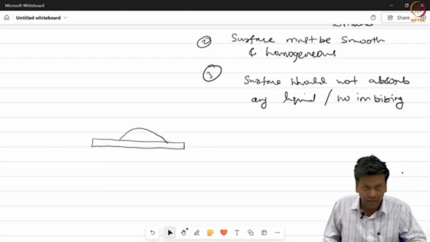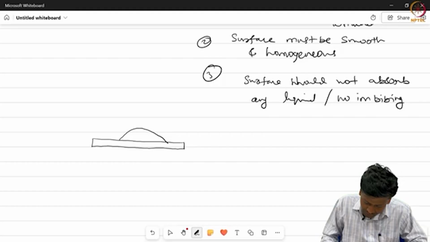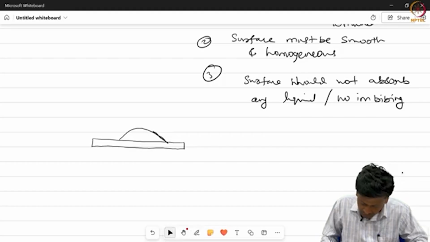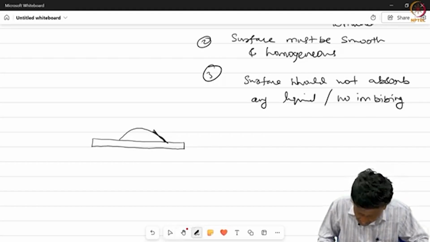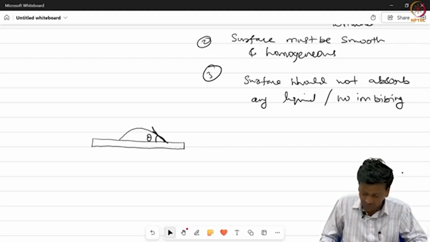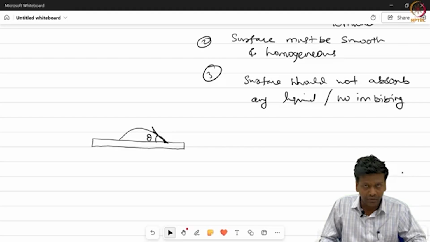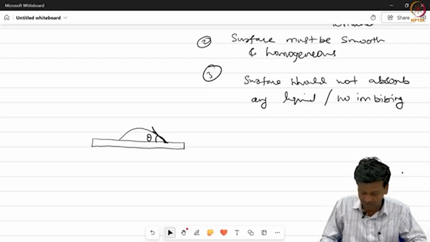The theta that we define is the angle established on the liquid or solid, which is also called the three-phase contact angle, because at this junction all three phases exist: solid, liquid and gas. That's why we call it a three-phase contact angle.